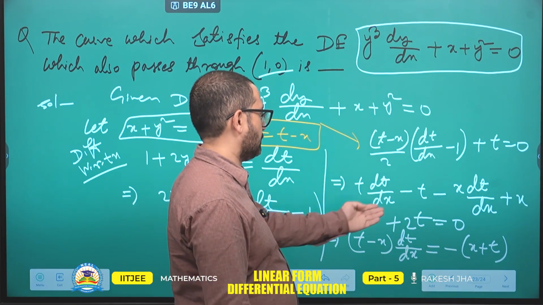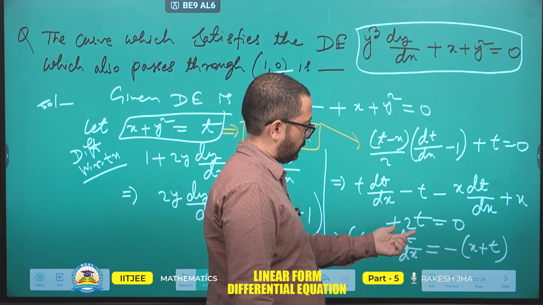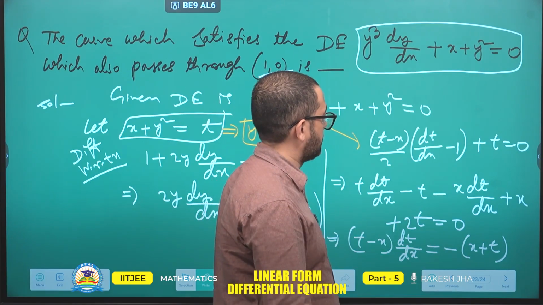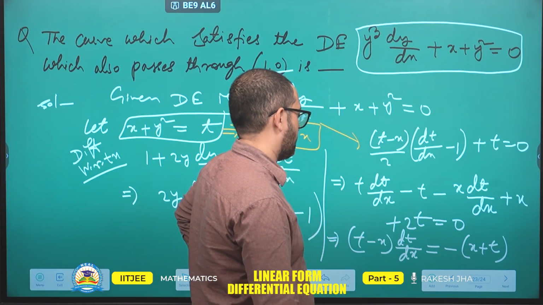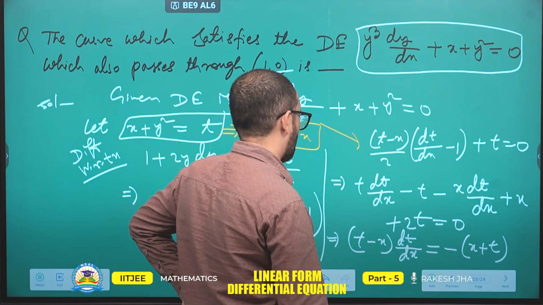Why x plus t? Minus t and 2t gives plus t, that t will go to that side, and minus is taken common, so minus of t plus x.